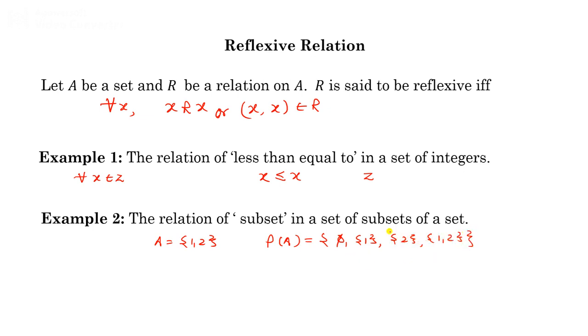So look at this here, this power set is the set of subsets of A. For each set x we write x is a subset of x. So each set is a subset of itself, then we say the relation is a reflexive relation.